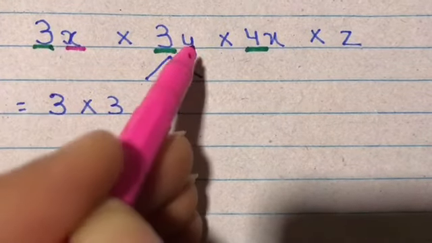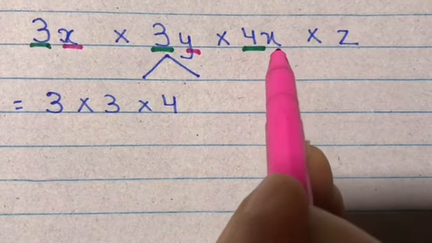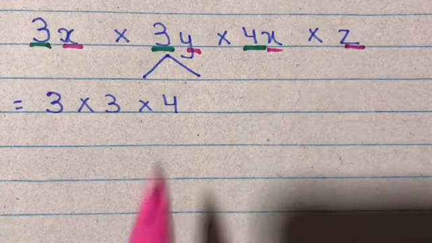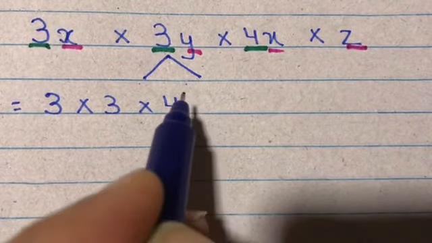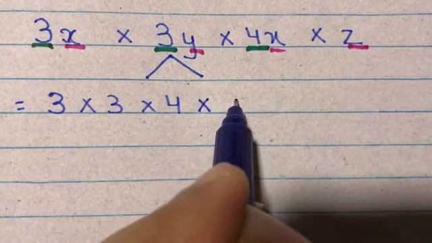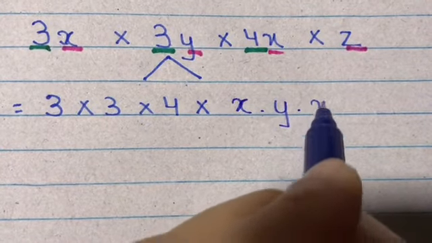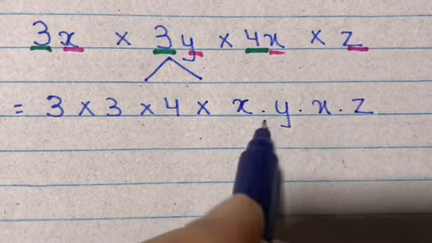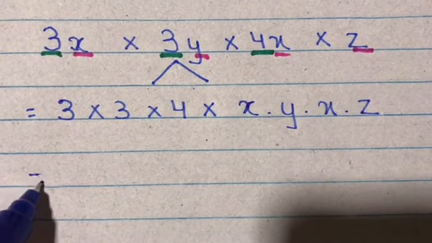X, Y, X and Z. Okay, so now we are going to write down this as X dot Y dot X dot Z. In between the letters put the dot, right? Means the same thing.